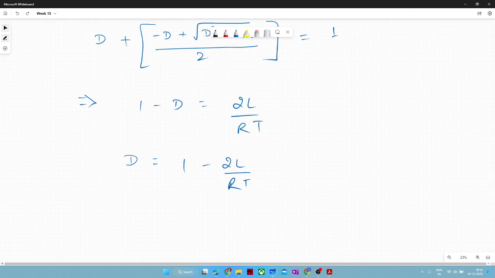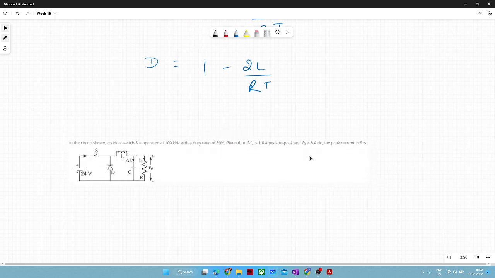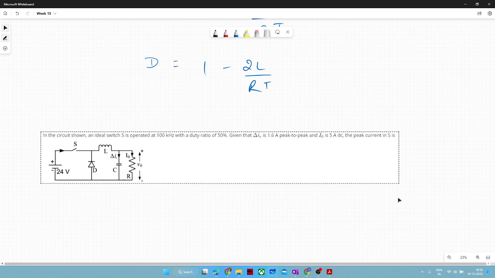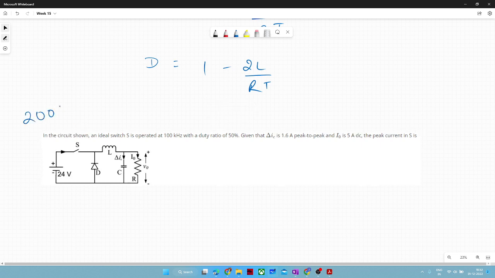Now, I will take one very easy problem based on your inductor current. This question was again asked in some GATE 2003. It asks about the relationship between del IL and del IC. So they have already checked this concept in the past.